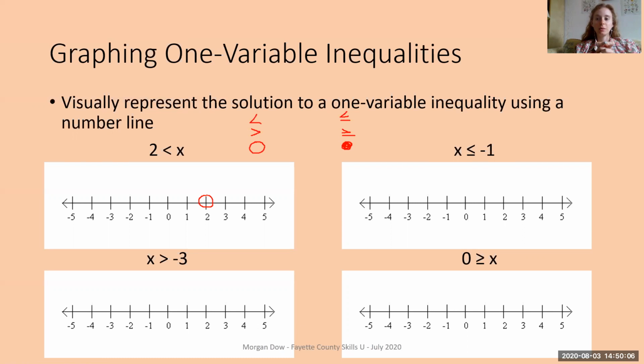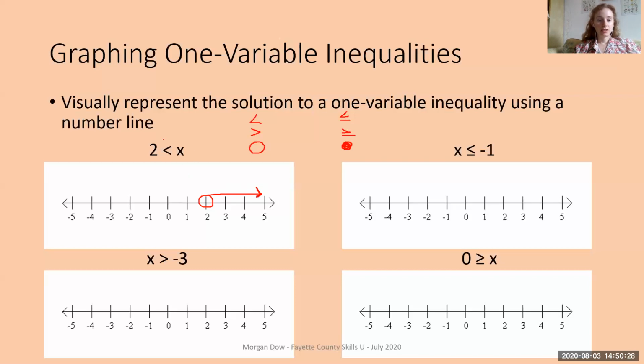So that means x could be anything that's more than 2, because 2 has to be less than it. So that means my arrow should point in this direction. I want to show that I'm including all of the numbers that are more than 2, because 2 has to be less than x.